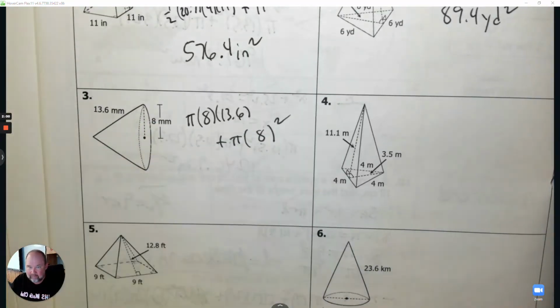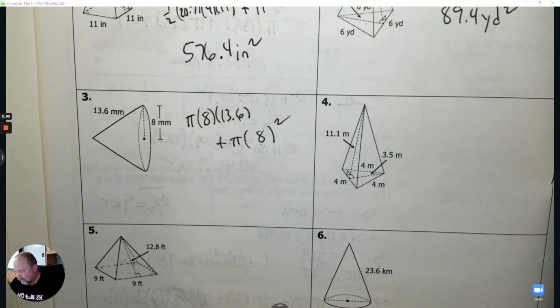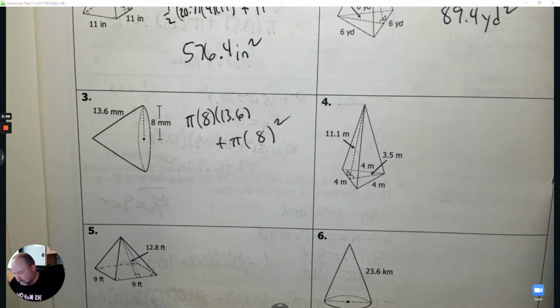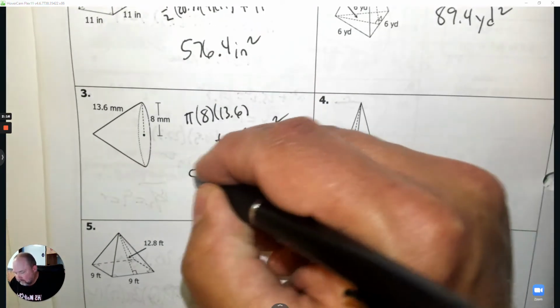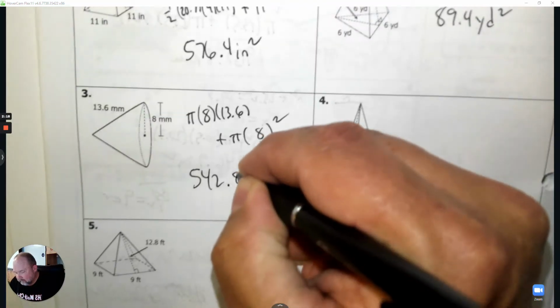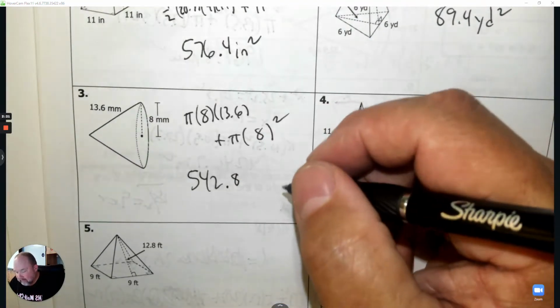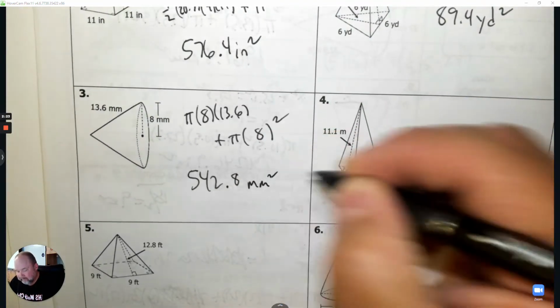That's the formula, and plug in. I get 542.8 millimeters squared.